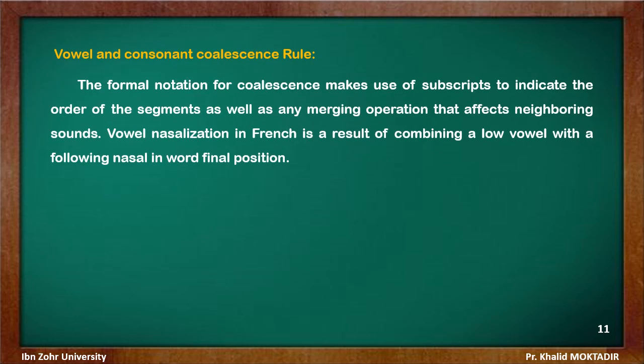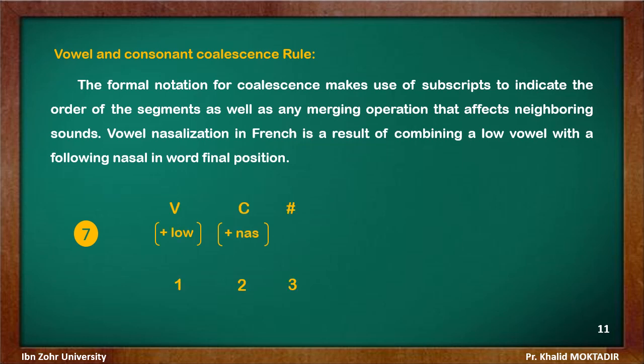Vowel and consonant coalescence. This is a rule that merges two segments into one. We will pick up the example we have seen of the French nasalization rule. This rule makes use of subscripts, that is, numbers that we put under each segment to indicate the order of the segments.